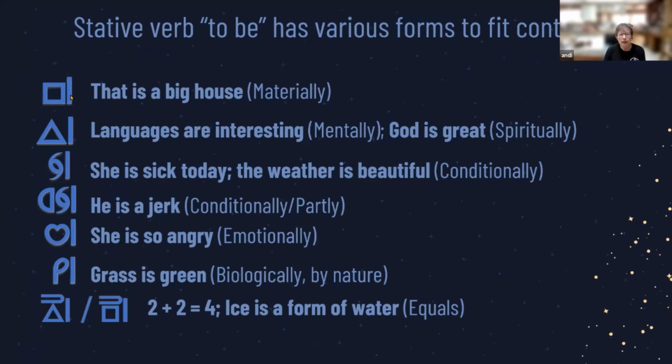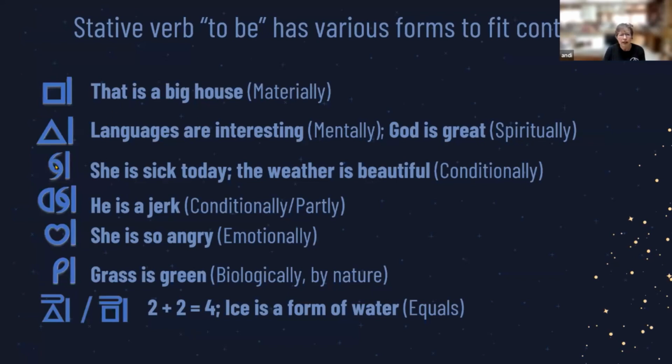They end in existence. A material being would be used, for instance, in saying that is a big house, whereas a mental being would be used in saying languages are interesting, or a spiritual being in saying God is great.